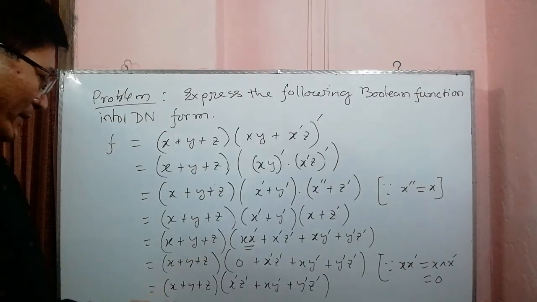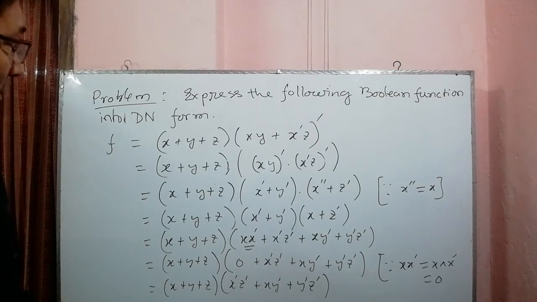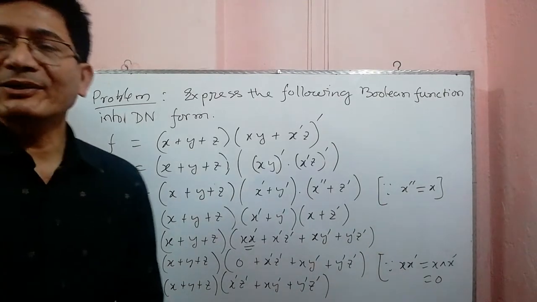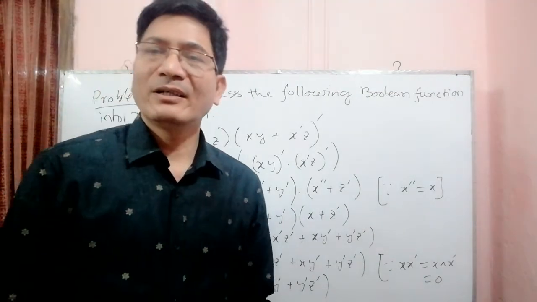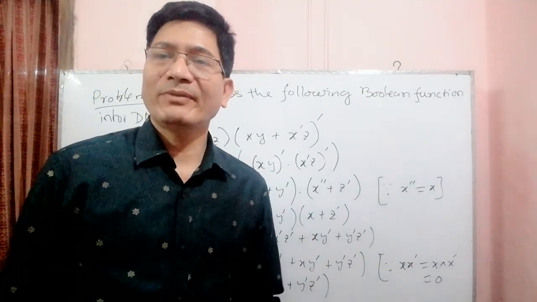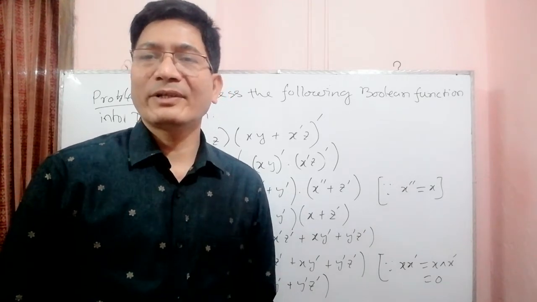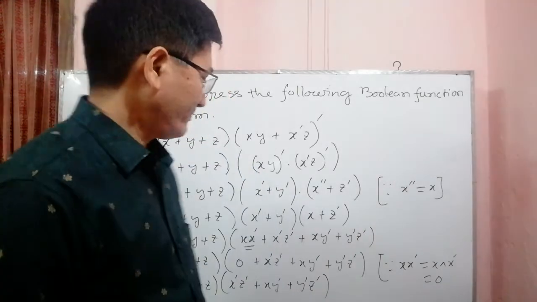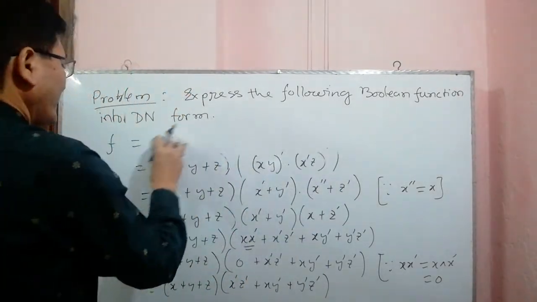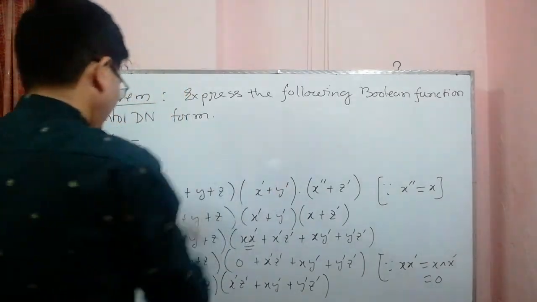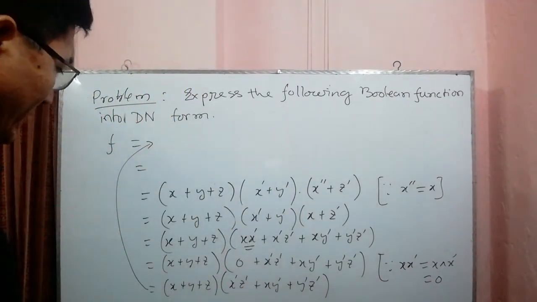Now we will multiply this term with these terms, because we are still in the first step. The first step tells us to reduce the function into a very simplified form, which will contain the minimum number of terms. Dear students, we are coming here because there is no space at the bottom.